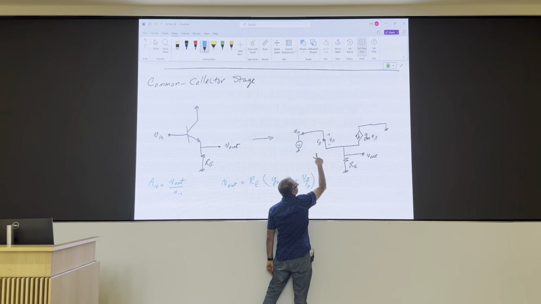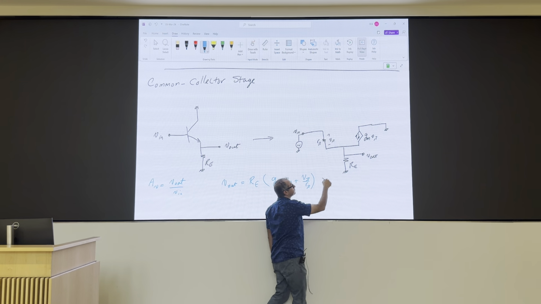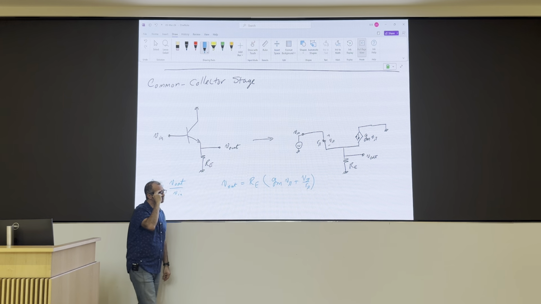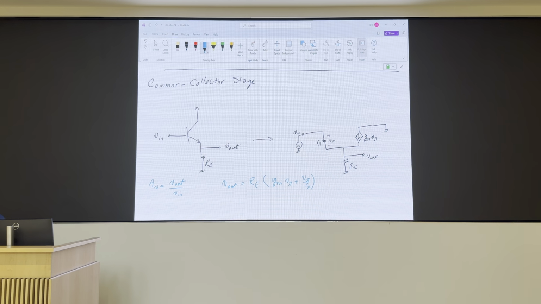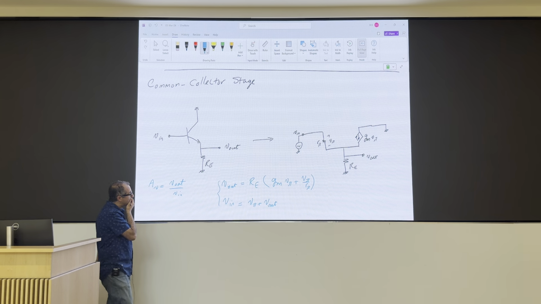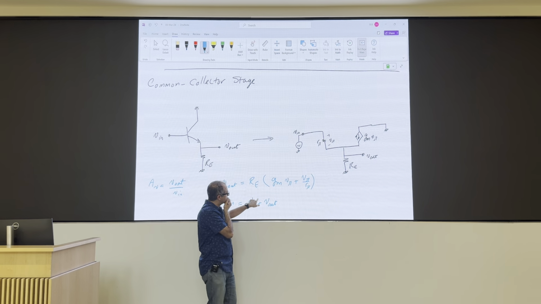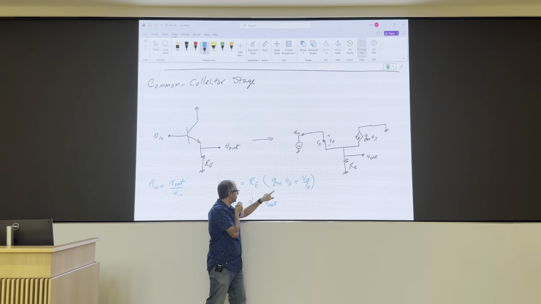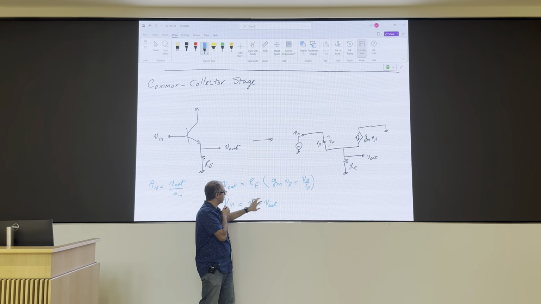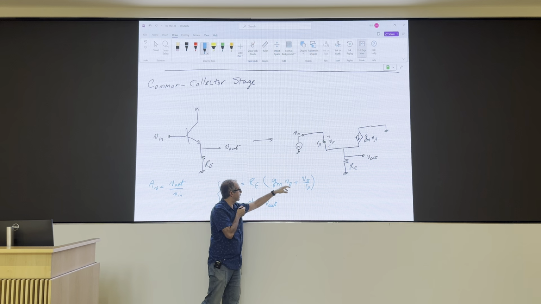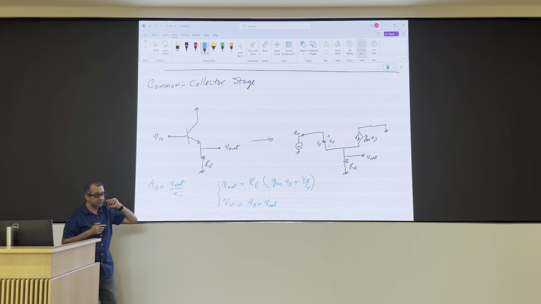So I can write a KVL in this loop. All done: Vin is equal to V pi plus V out. So if I eliminate V pi from these two equations, just put Vin minus V out for V pi, I have everything I need.